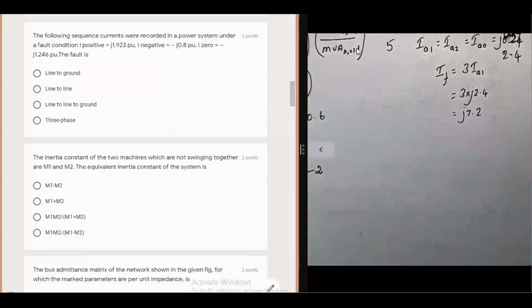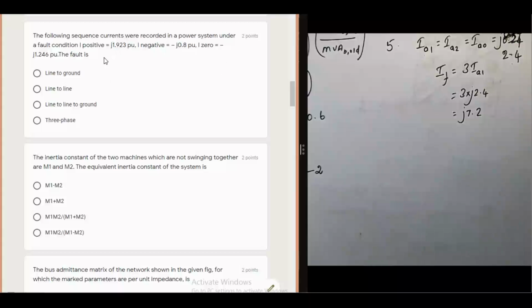Then sixth question. The following sequence currents were recorded in a power system under a fault condition. Positive sequence current j1.923 per unit, negative sequence current minus j0.8 per unit, zero sequence current minus j1.246 per unit. What is the fault? Here the three sequence currents are different.